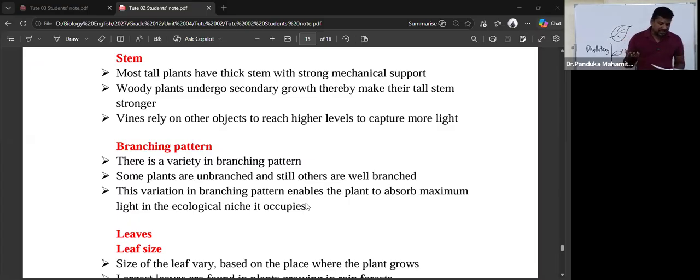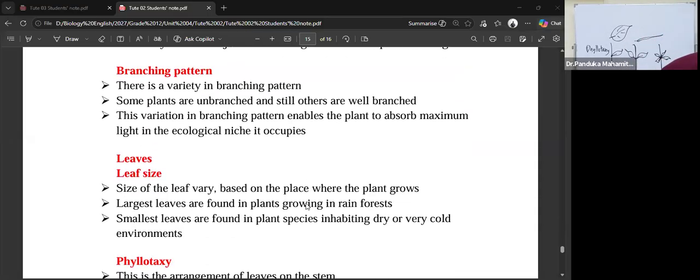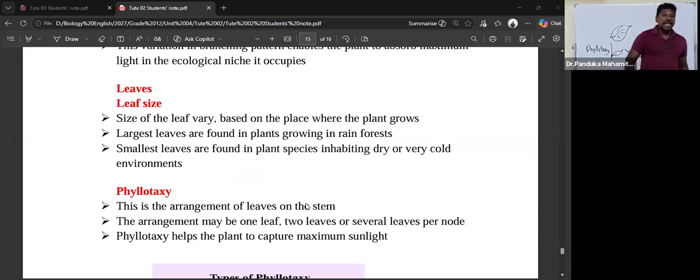Then about the leaf size and the phyllotaxy. Leaf size, I told you, right? The size of the leaf varies based on the place where the plant grows. Larger leaves are found in plants growing in the rainforest, where water is not a challenge for them.